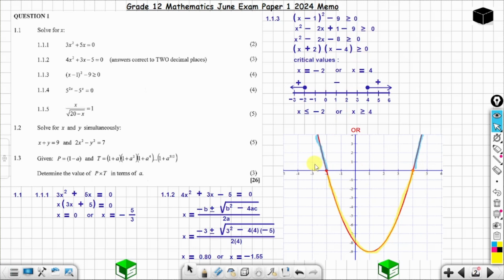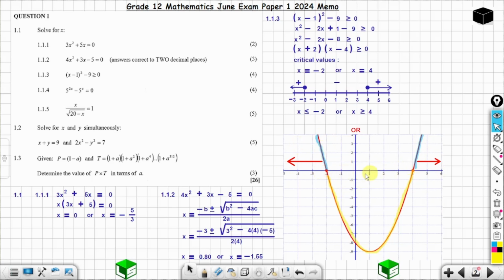So you can use arrows to show that we are interested in all these x values. Okay, all these x values. The x values which are going to make the parabola positive. Not these ones.